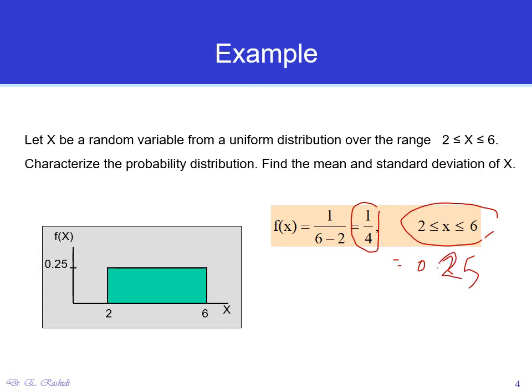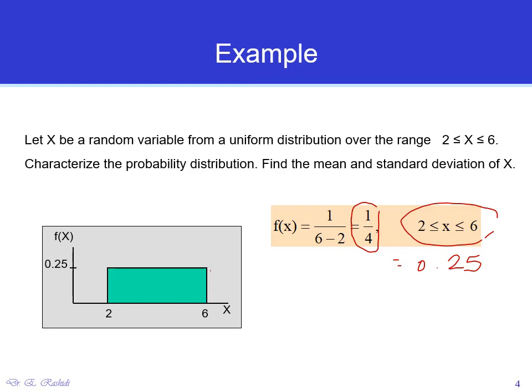And that is where we have here the height of this rectangle is 25%, which is the probability density function value. And x is going to be any value between 2 and 6.